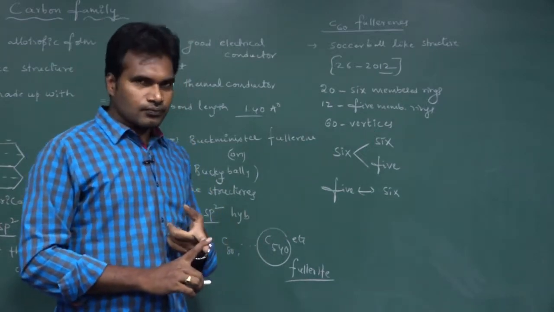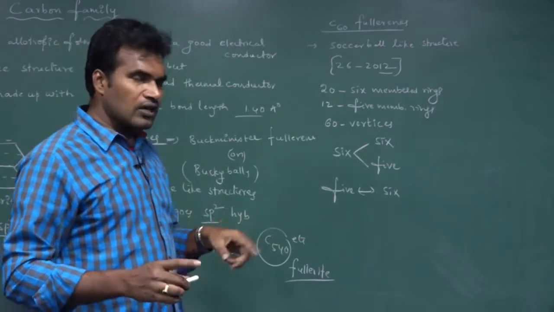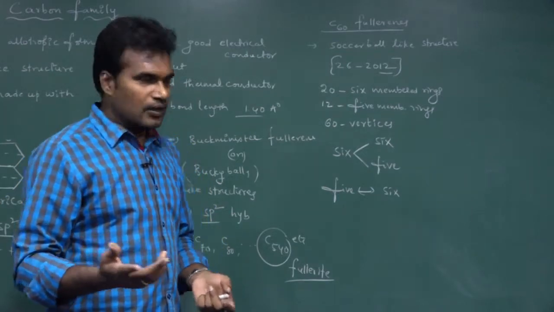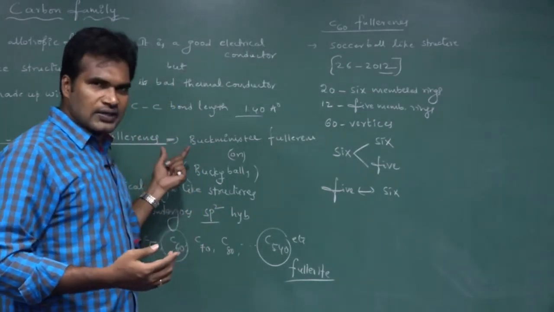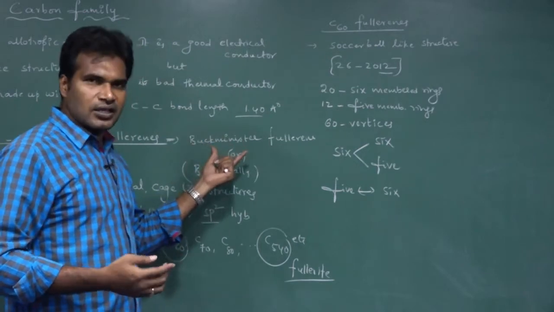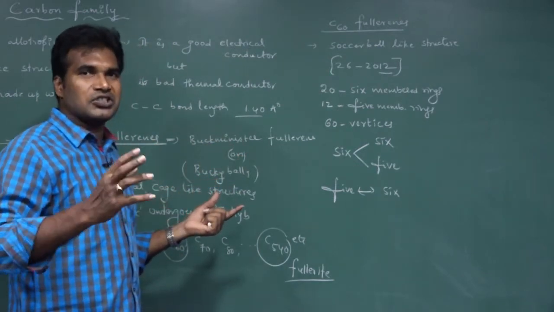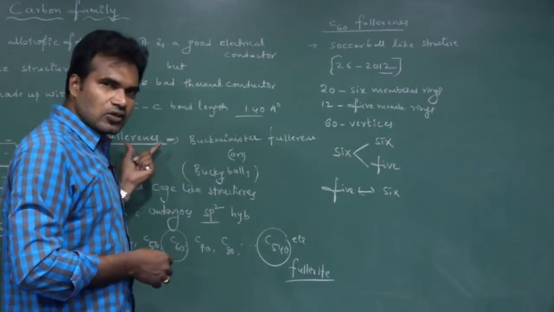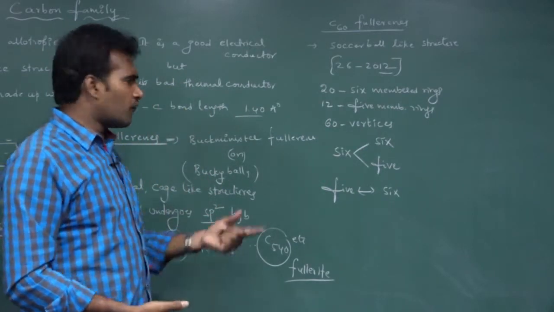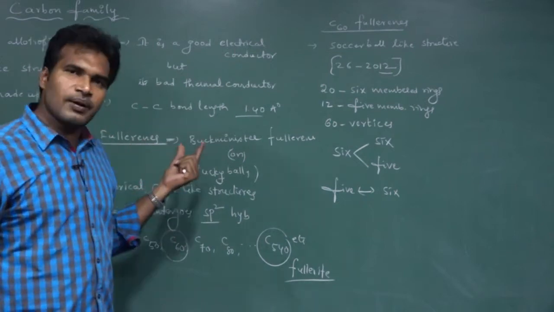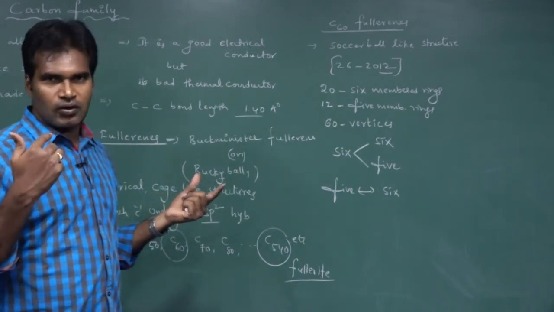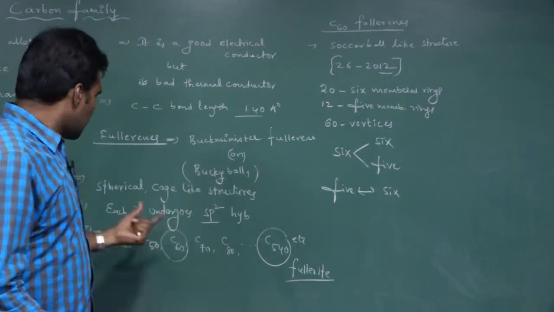Fullerenes we also call Buckminster fullerenes, in the name of Buckminster. Why? Because at the time fullerenes were discovered, the scientist Buckminster had also discovered a type of geodesic domes, and they show similarity with the properties of fullerenes. So in honor of him, we call these Buckminster fullerenes, also called buckyballs, also called soccer balls.